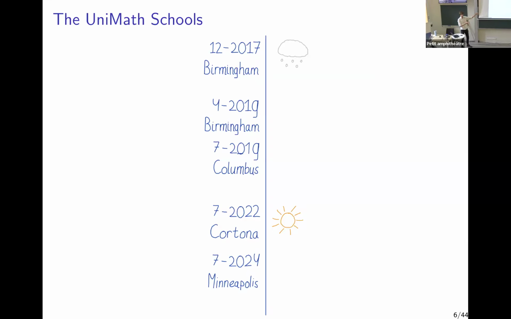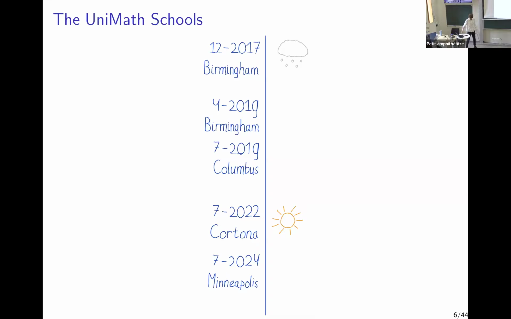Funny thing, December back then meant snow, which meant snowstorms, meaning that most people couldn't attend half of the school because their flights got cancelled. So after that we gained sense and organized it not when it was snowing, in particular in Italy in July 2022, which was the complete opposite, like 40 degrees or so.